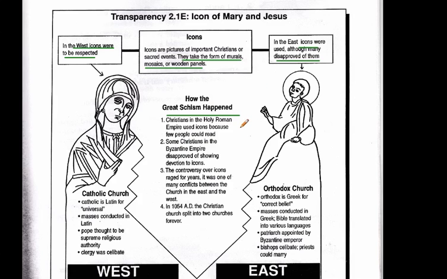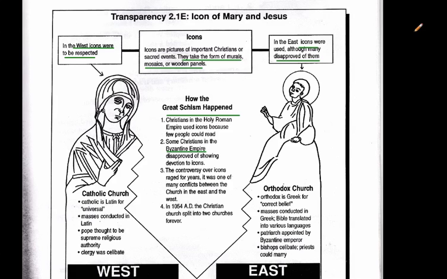Christians in the Holy Roman Empire used icons because few people could read. Some Christians in the Byzantine Empire disapproved of showing devotion to icons. The controversy over icons raged for years, and it was one of many conflicts, like I had stated earlier, between the church in the East and the West. And finally, in 1054, the Christian church split into two churches forever.